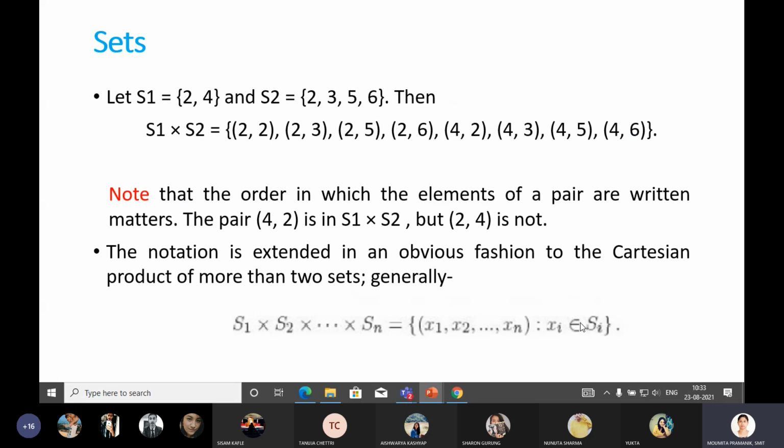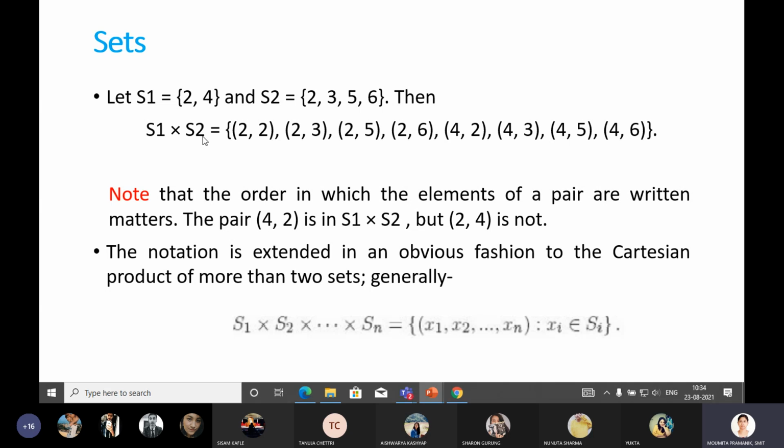With an example: if S1 has the elements 2 and 4, whereas S2 has the elements 2, 3, 5, 6, then we find the Cartesian product S1 into S2.